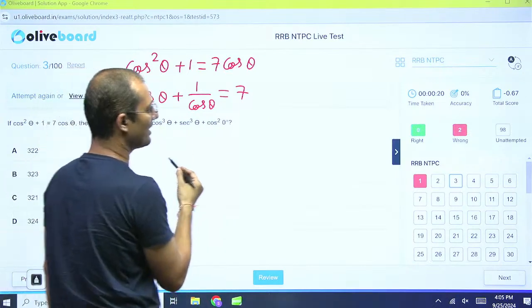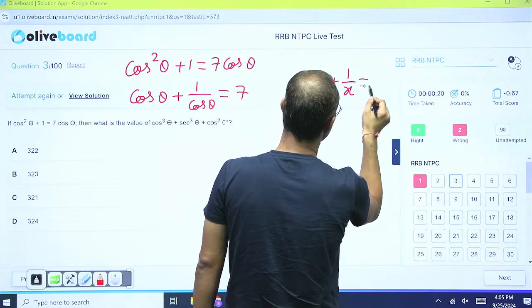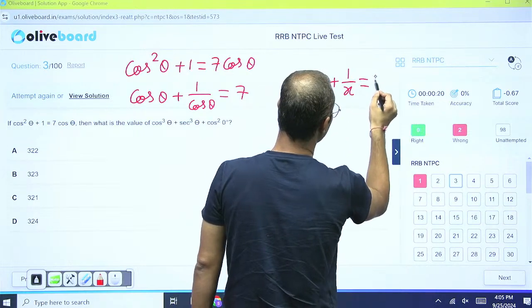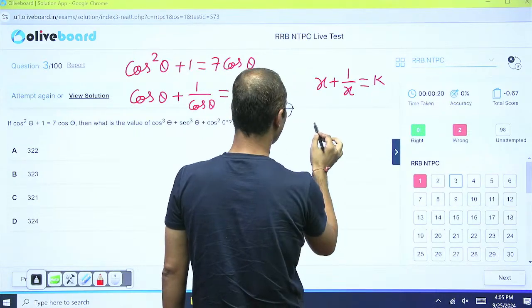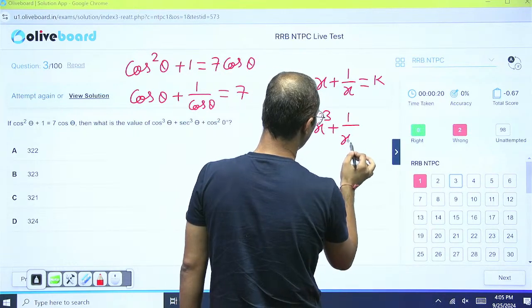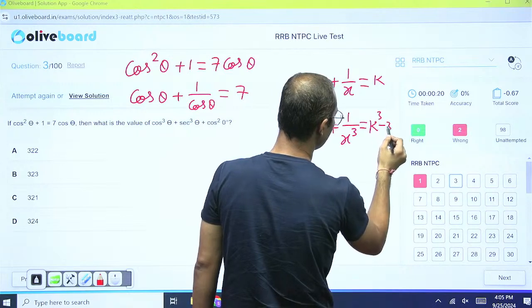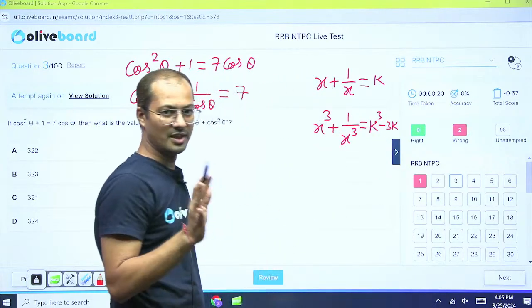So here we get the function and inverse function pair. We know that if x plus 1 upon x is equal to k, then we can easily calculate the value of x cube plus 1 upon x cube. This will be equal to k cube minus 3k. This is very clear to you.